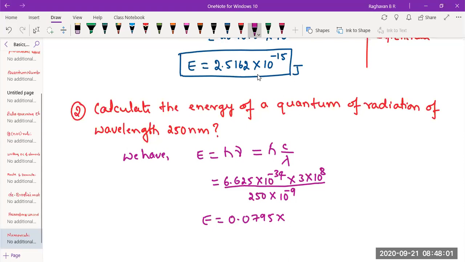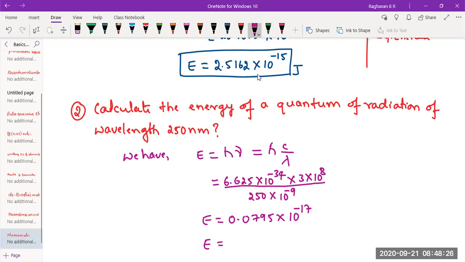We'll take up this now. 10 raised to minus 9 goes to the numerator as plus 9. With 10 raised to 8, 10 raised to 9 will become 10 raised to 17. And this 10 raised to plus 17 and 10 raised to minus 34 will be 10 raised to minus 17. Now, shift the decimal to the right or left side? Right hand side. Right hand decrease, LIRD.